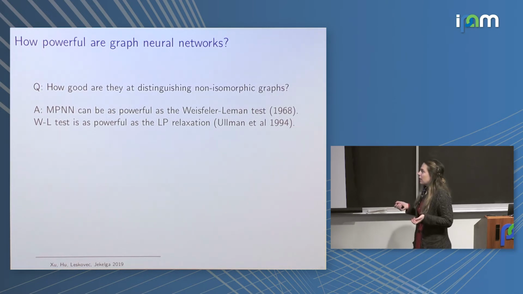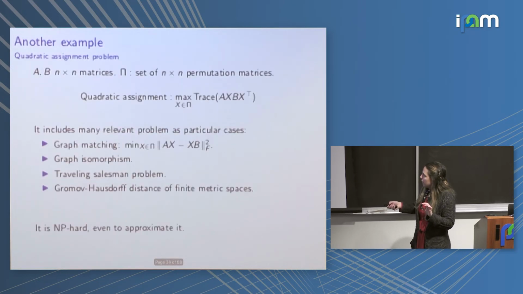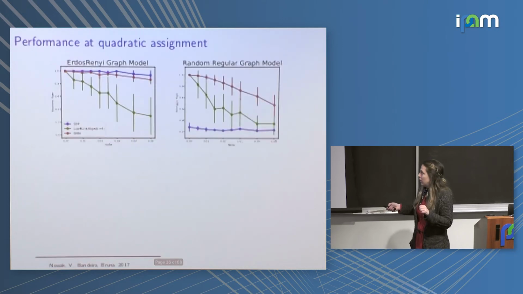But actually, this WL test is also as powerful as the linear programming relaxation for this problem. So it's not very powerful. In particular, the linear programming relaxation is just, in this optimization problem that we had before, you replace X by a doubly stochastic matrix instead of saying that X is a permutation.